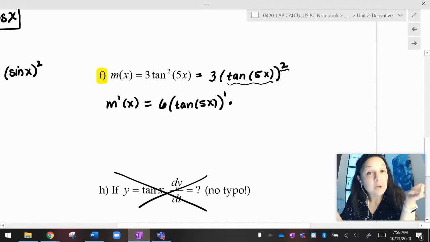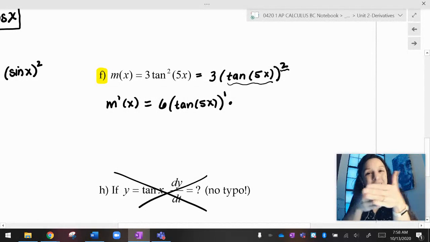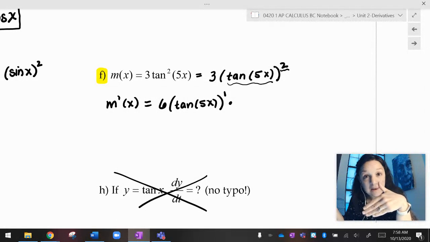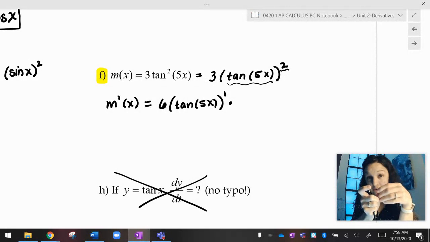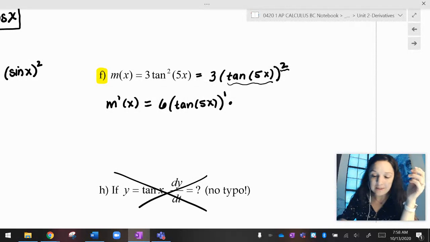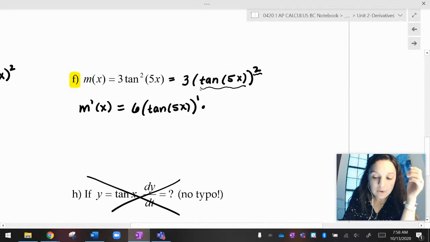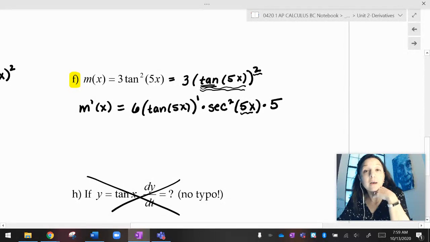I have a double chain rule because the derivative of tan 5x, tangent is the outside and 5x is the inside. So when I take the derivative of tan 5x, it's going to be derivative of the outside, derivative of tan, which is secant squared, keep the inside, times the derivative of the inside, which is 5.